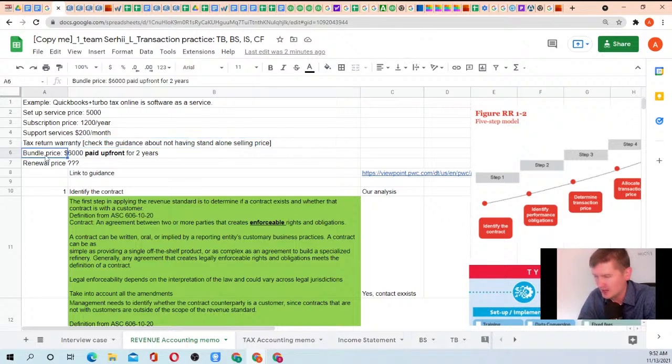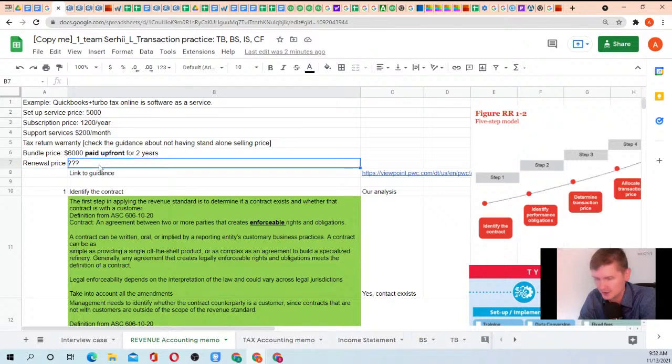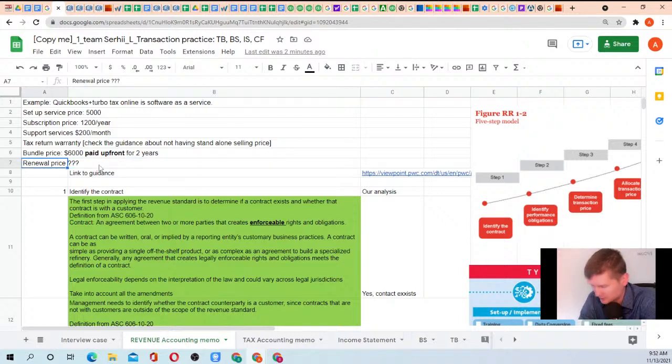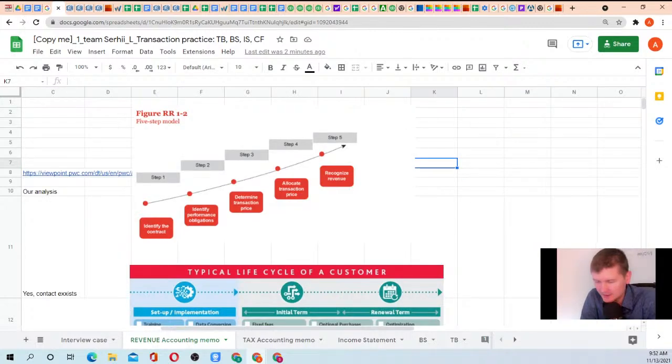We bundle all of that in a $6,000 payment for 2 years, and we might also have some renewal price consideration. For example, if we discount heavily on the first year of usage, but then we want to recoup that in the second year of usage, that should also be accounted for.